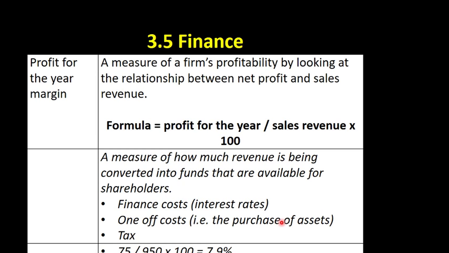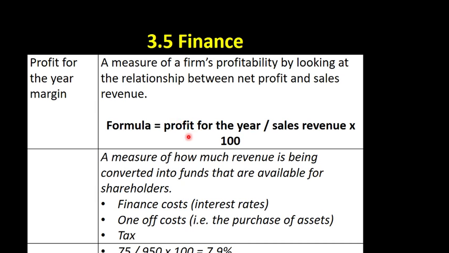That's why this ratio isn't necessarily the best way of measuring an organisation's performance year on year. Maybe if the organisation has bought a big fixed asset over the course of the year, that's a one-off cost that might appear here and skew the figures. Equally, if they sell a really important asset, that might make the profit for the year look really good, but they can't sell that asset again in the future. So the profit quality tends to be higher when you look at the operating profit.